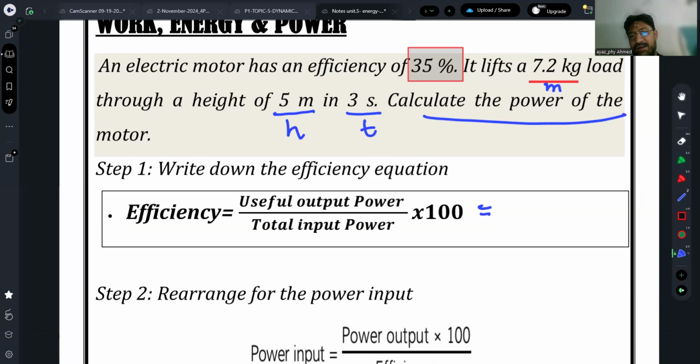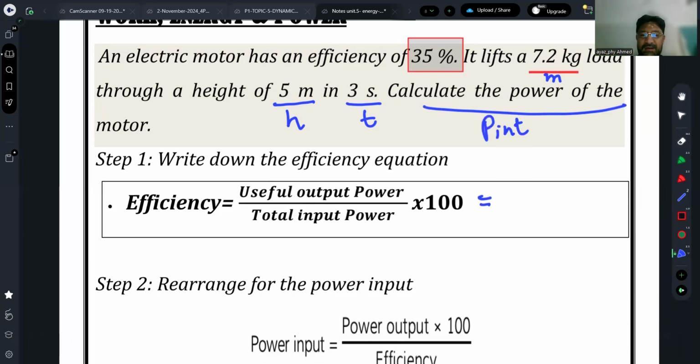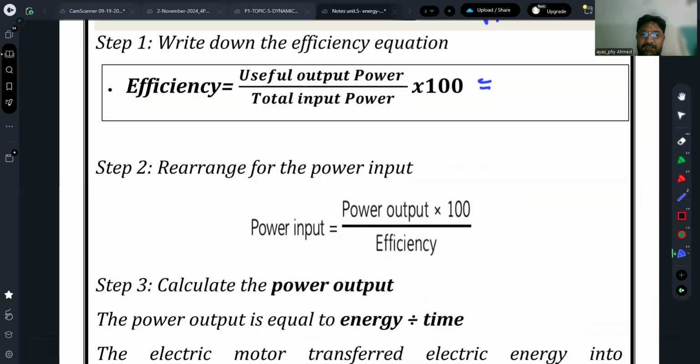So you have to calculate input power. If I apply this formula here, check this one out. I have just rearranged this formula: input power is equal to, from here, efficiency will be divided. So output power times 100 divided by efficiency.